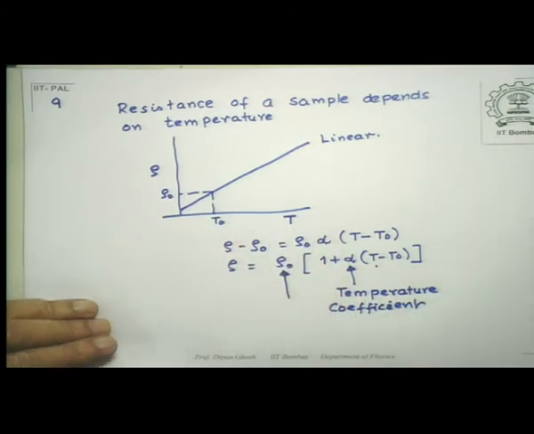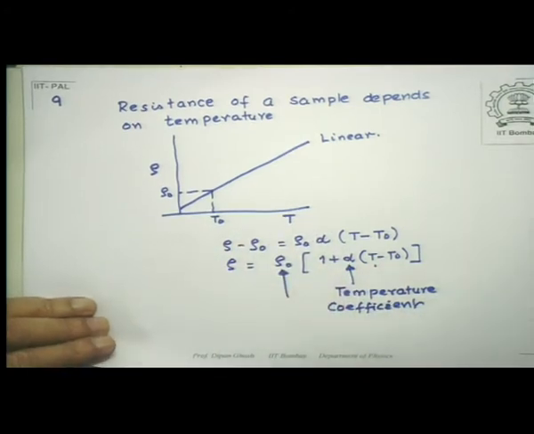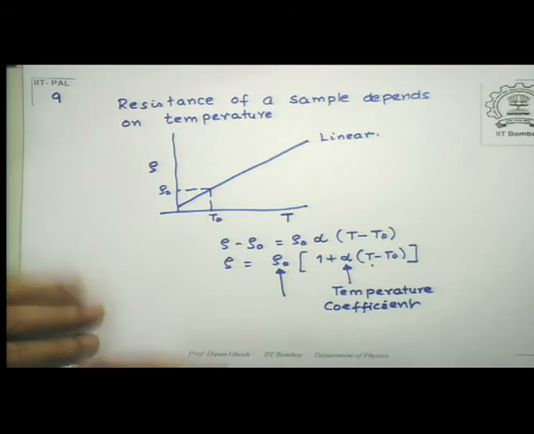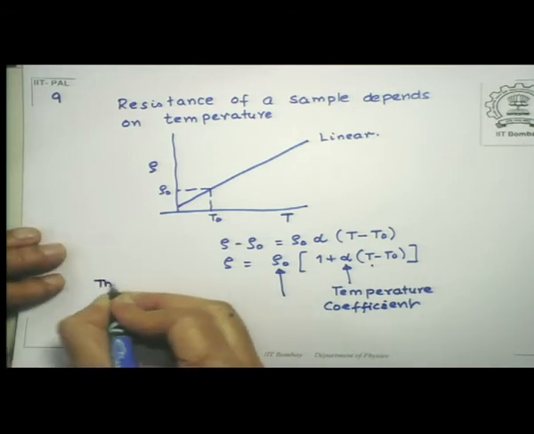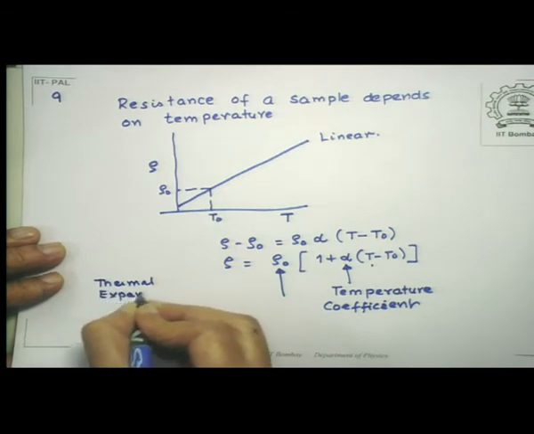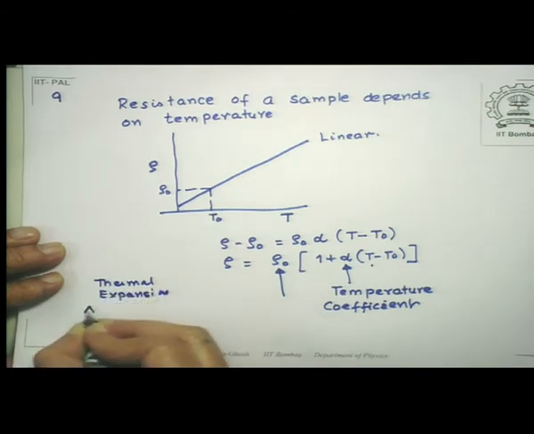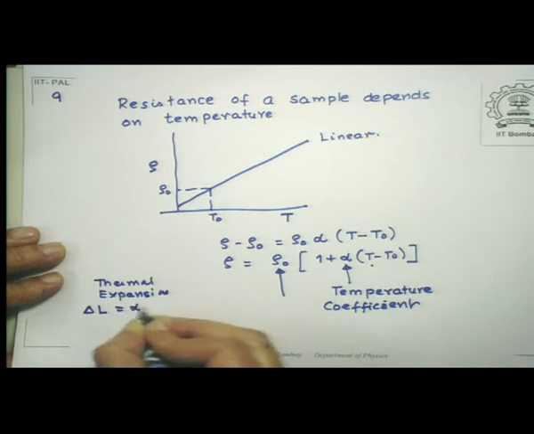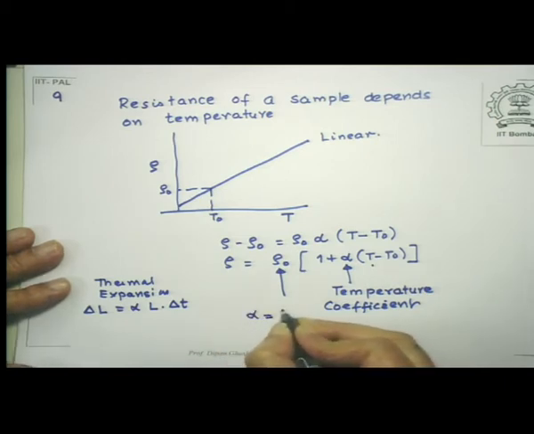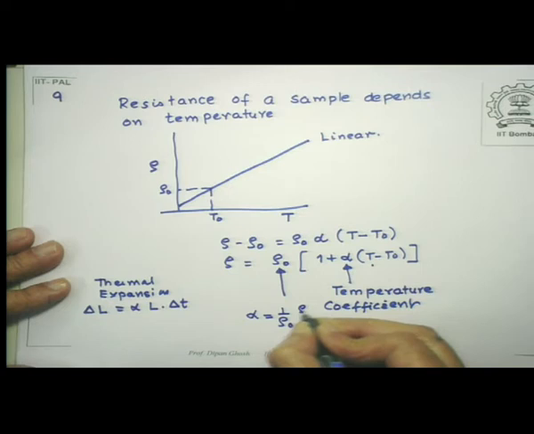Like when you apply a temperature, you have thermal expansion, for example the length changes, delta L. In thermal expansion, the length change delta L is equal to alpha L into delta T. A very similar relationship. So alpha is 1 over rho 0, rho minus rho 0 divided by T minus T0.